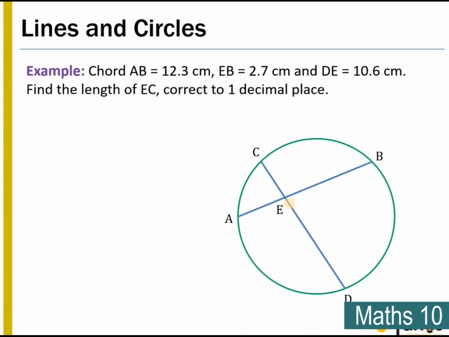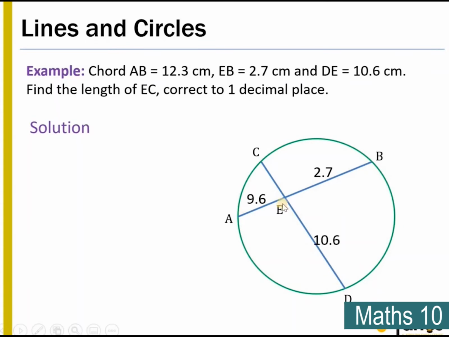Example: chord AB is 12.3 centimeters, EB is 2.7 centimeters, and DE is 10.6 centimeters. Find the length of EC correct to 1 decimal place. To do this, we know that AB is 12.3 and EB is 2.7. So AE is 12.3 minus 2.7, which is 9.6.